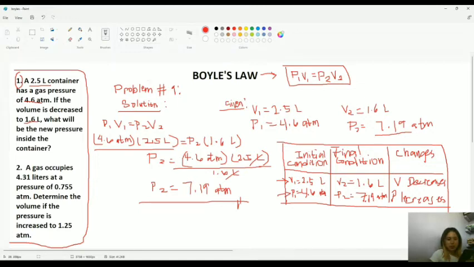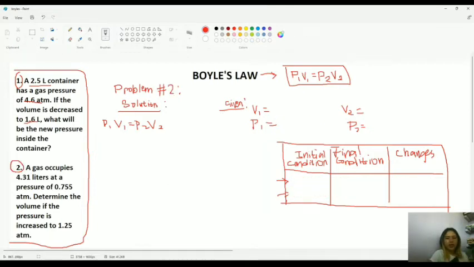Let's proceed to number 2. So, ayan, sa number 2. Determine natin yung mga given. Dito, a gas occupies 4.31 liters. So, this is now our initial volume. At a pressure of 0.755 atmosphere.